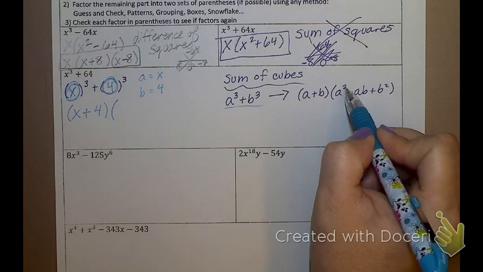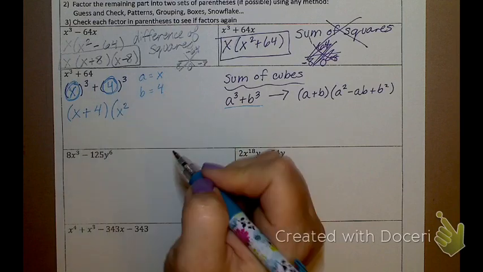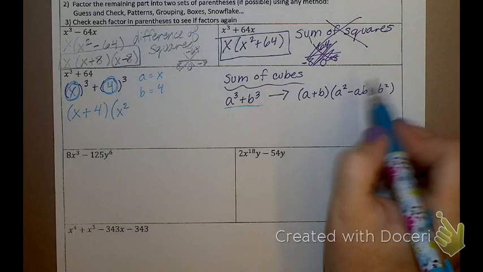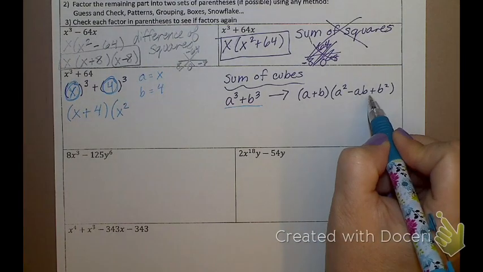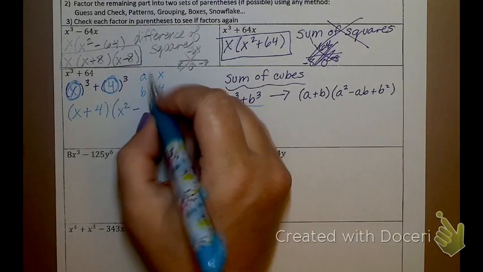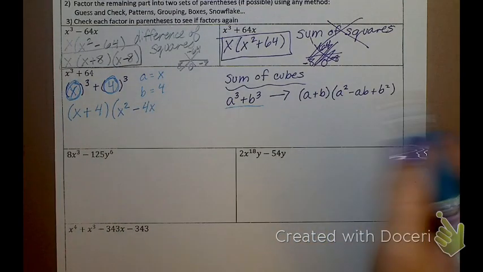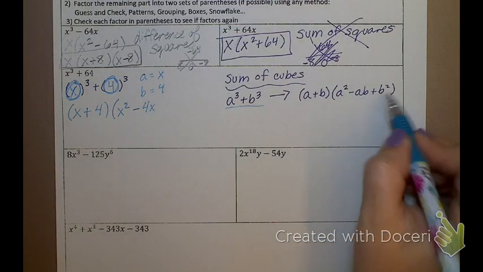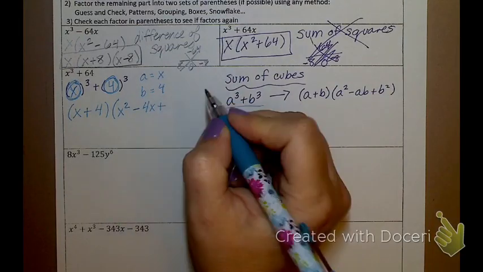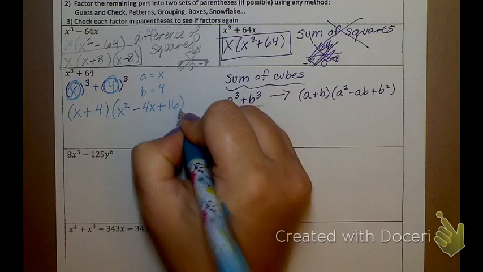A squared. So if I take that x and square it, I have that. Minus a times b. Minus x times 4 is 4x. And then finally plus b squared. What is b? So 4 squared is 16.